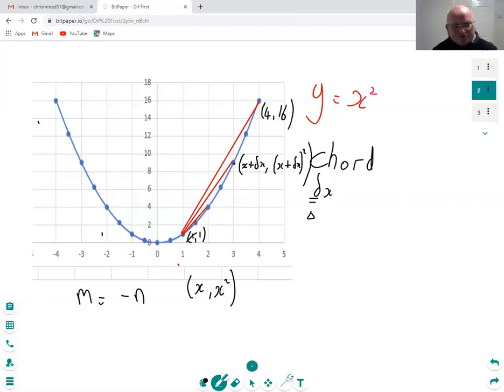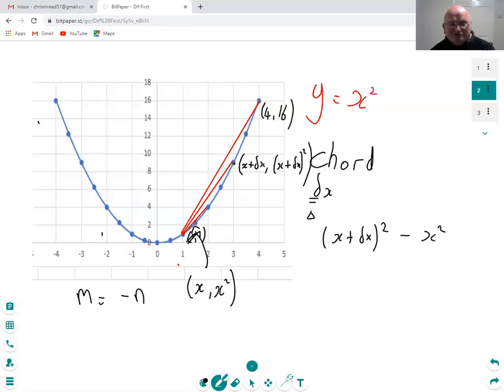Okay, so what we're going to try and do now is use the formula for the increase in y divided by the increase in x, which is a formula for gradient. We're going to apply that to these points here. So what is the change in y? The change in y is x plus delta x all squared, take away x squared.